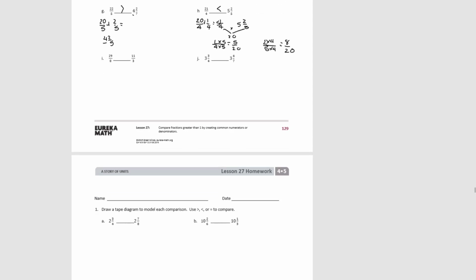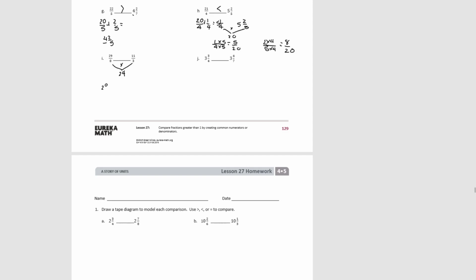Try I. Once again, there's no easy way because of related denominators or the same numerator and denominator. So we're going to multiply to get a common denominator of 24.